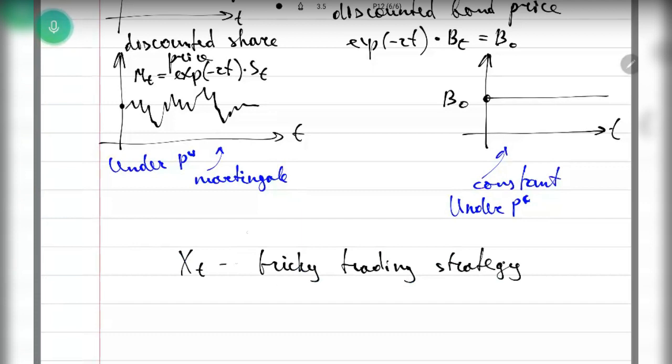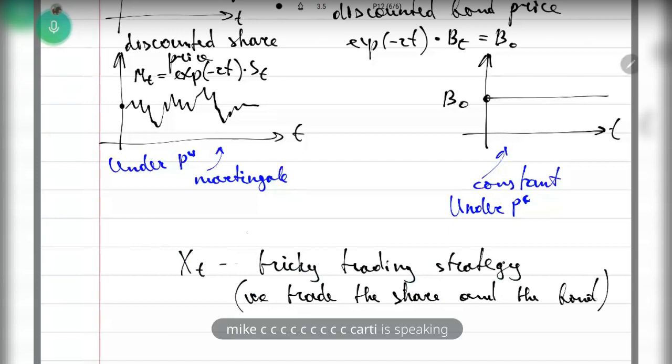At different moments of time you trade this share and you trade this bond. So we trade the share and the bond.